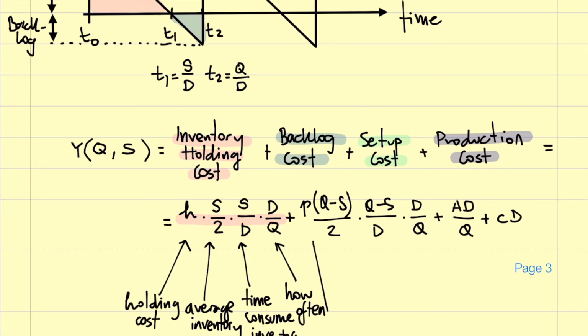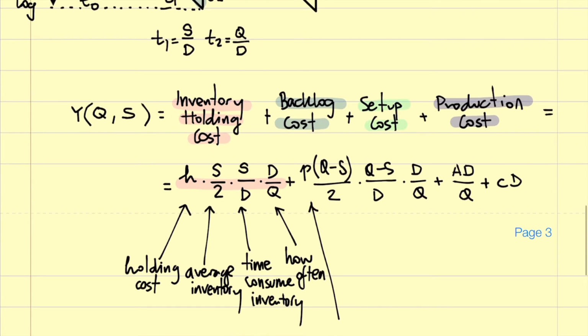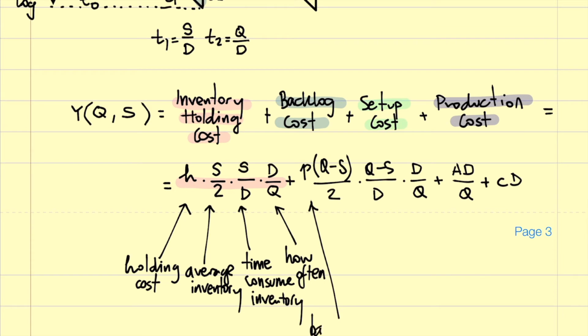Here, same logic. We have P is the backlog cost per unit, Q minus S divided by 2 is the average backlog level.